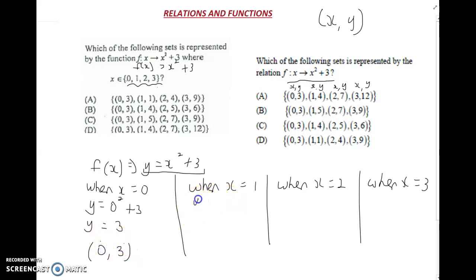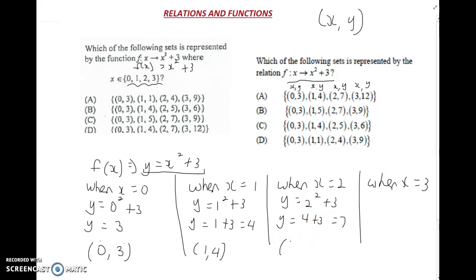Let's do it for when x is 1. Wherever you see the x, you're going to put 1. So 1 squared plus 3. 1 squared is 1 by 1, which is 1, plus 3. When x is 1, y is 4. Let's do it for when x is 2. It'll be 2 squared plus 3. 2 squared is 2 by 2, which is 4, plus 3, which is equal to 7.